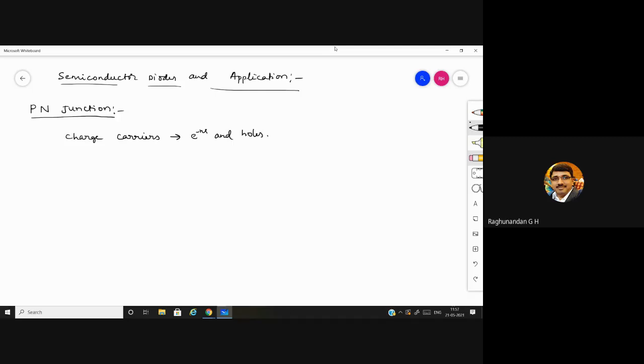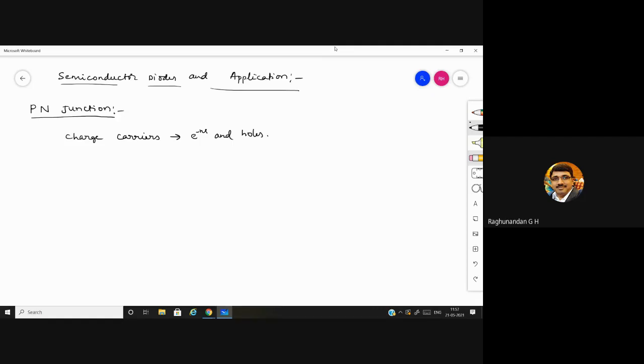You might already be clear with this, but if someone is not, electrons and holes are not the charges, they are charge carriers. It is just like a vehicle which carries a parcel. That parcel is energy here, and that vehicle is the electron or hole.